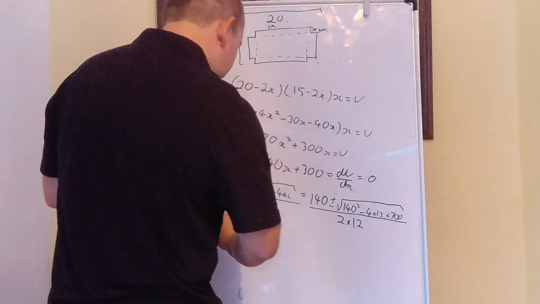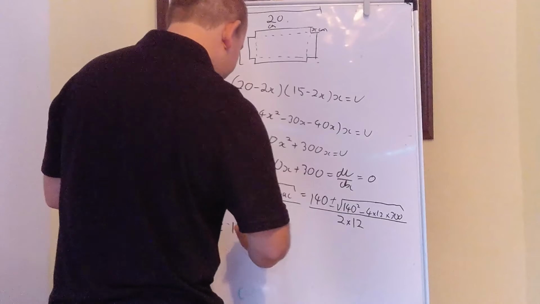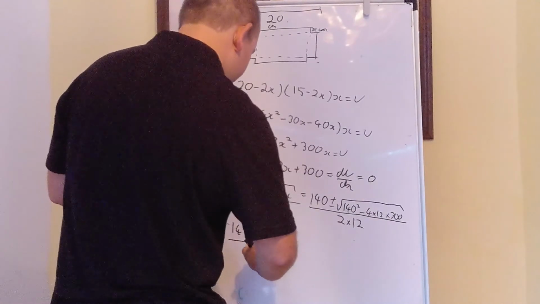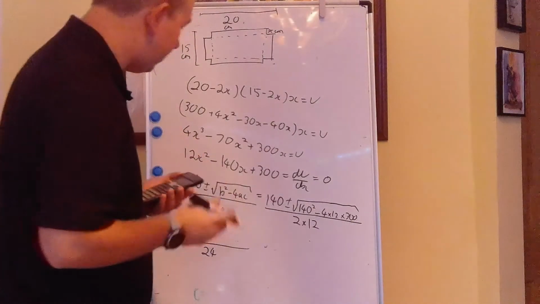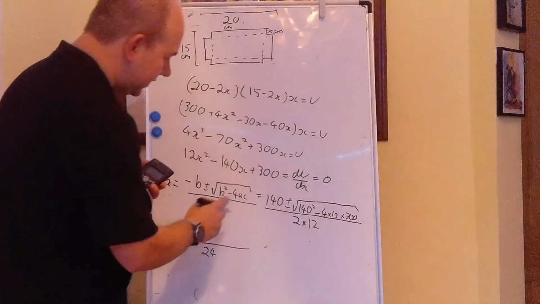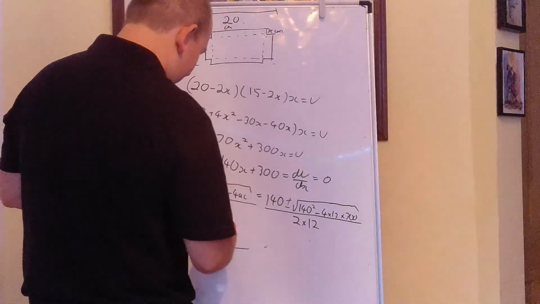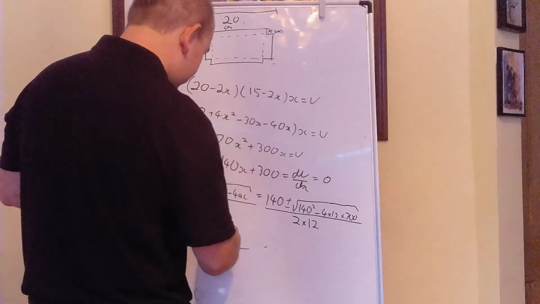So this is equal to 140 all over 24 plus. I just had to reset the battery on this. So working out this square root here will give a value of 72.11.